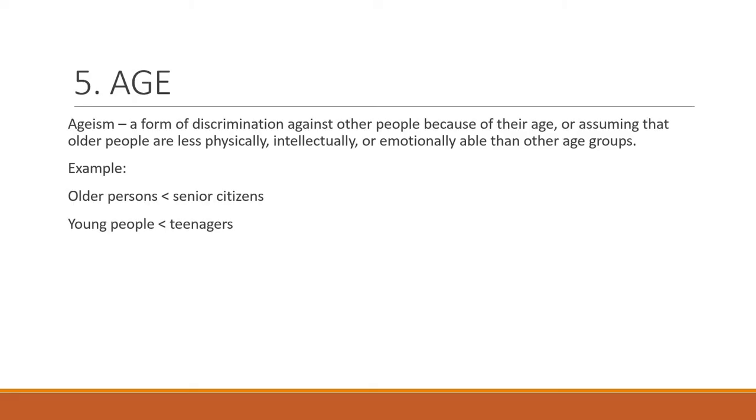Number 5 is age. Ageism, a form of discrimination against other people because of their age, or assuming that older people are less physically, intellectually, or emotionally able than other age groups. So here, for example, we do have older persons and young people.